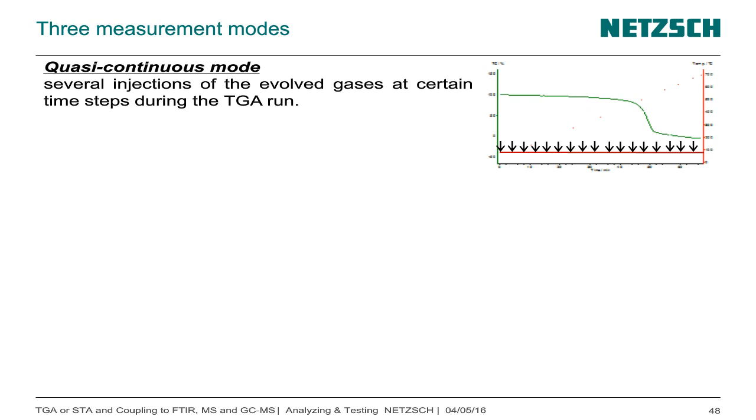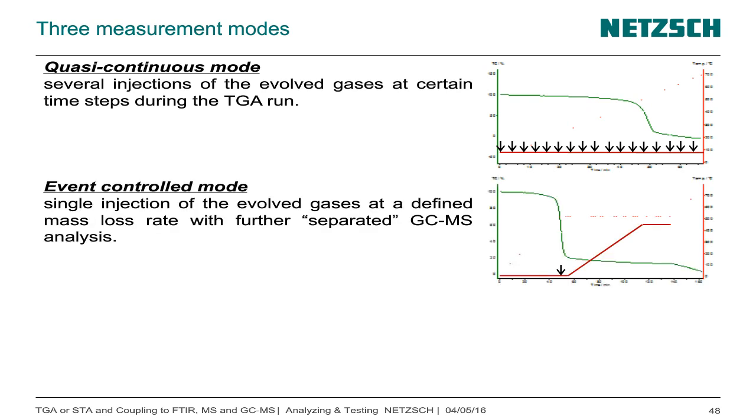Another possibility would be event control. Event control we are doing if you have a reaction rate which is bigger than whatever you define, your measurement, your heating stops, and you start your GC or you switch your valve. This is how you like to handle it.